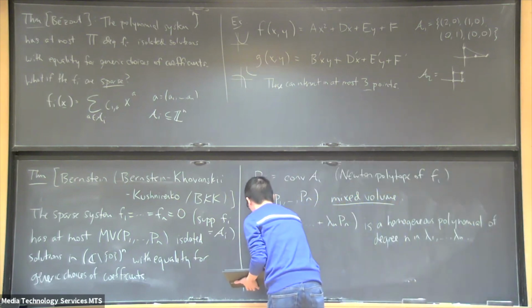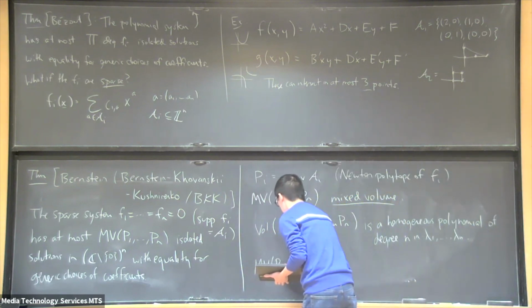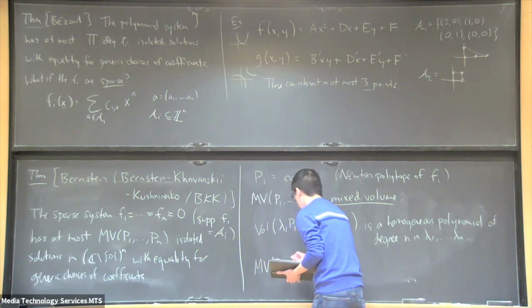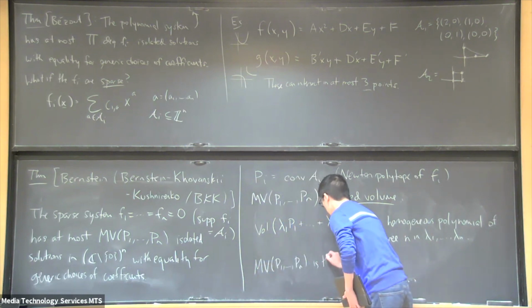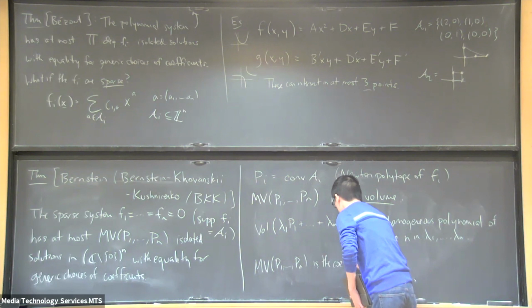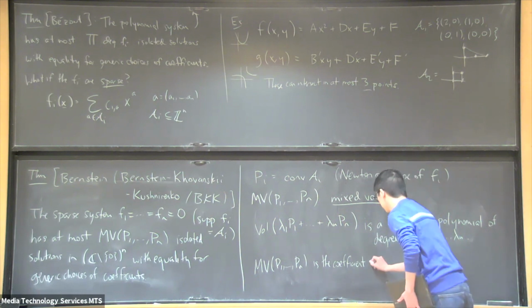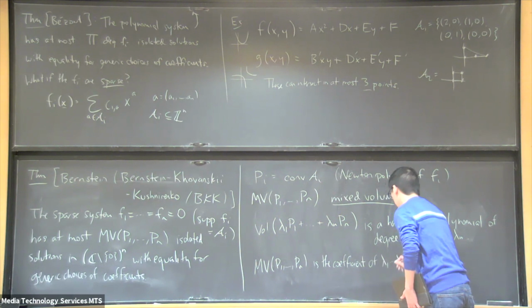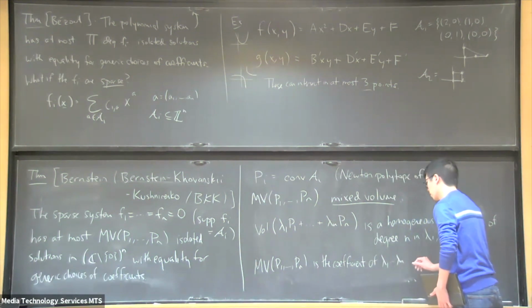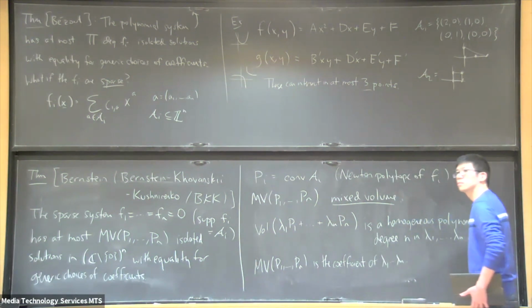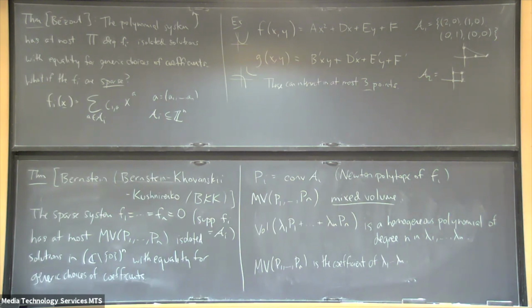So Ricky, I don't know how comfortable the people are who have never seen adding bodies in R^n. So that's the two comments. I mean, first of all, the mixed volume of just one convex body P1 will be just its volume times lambda 1, right?